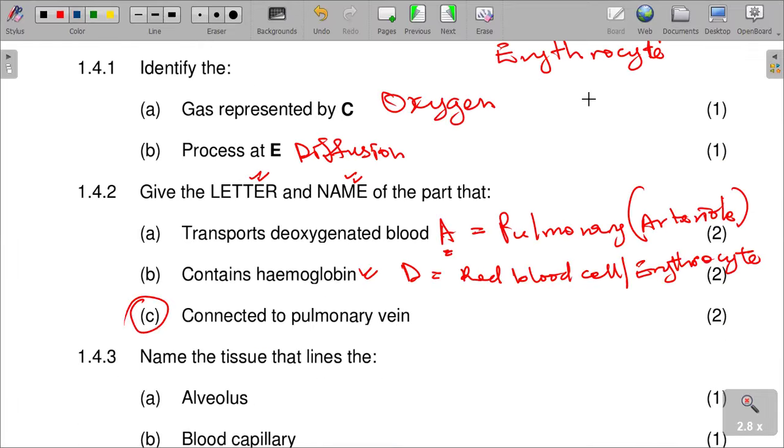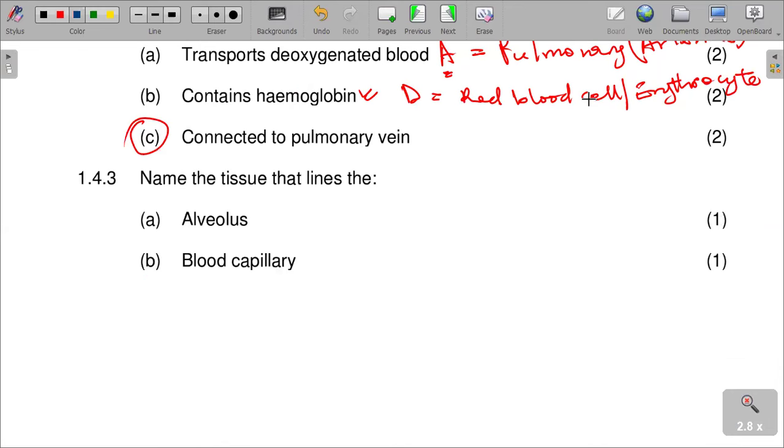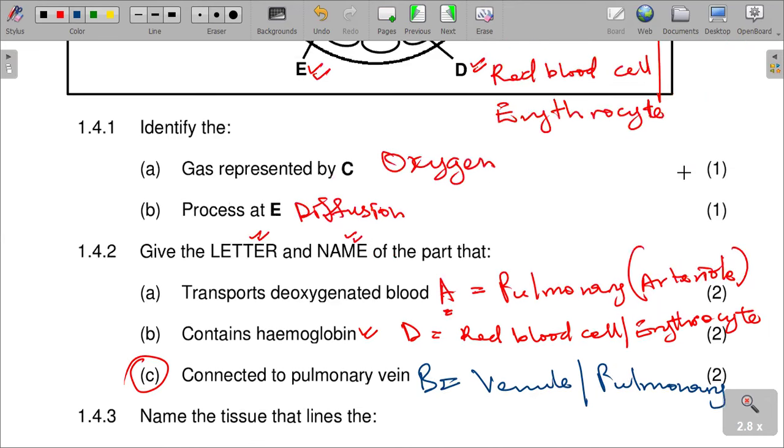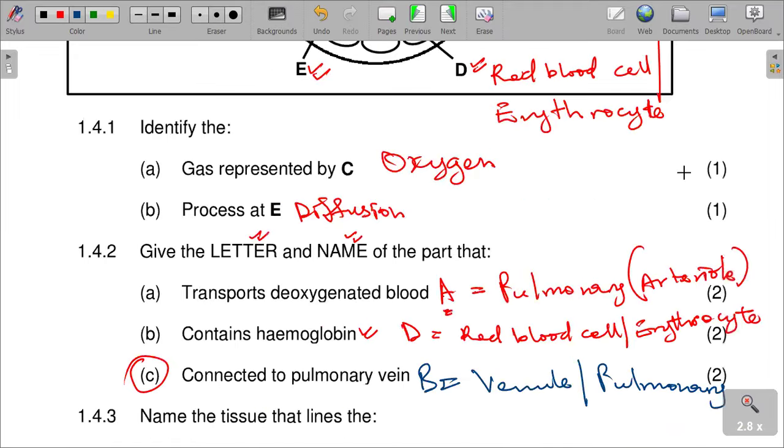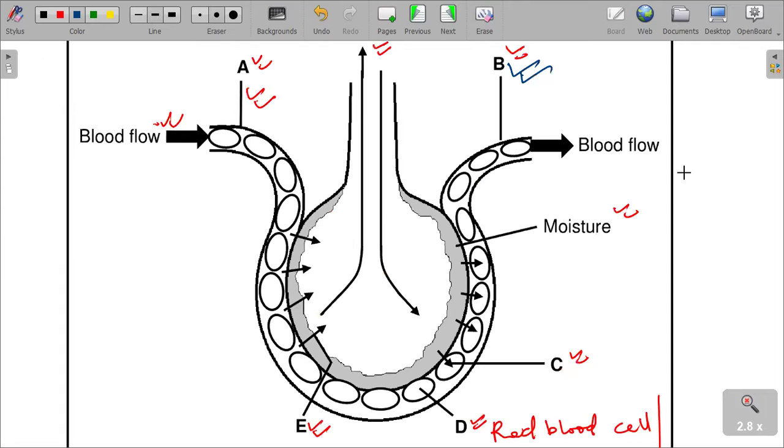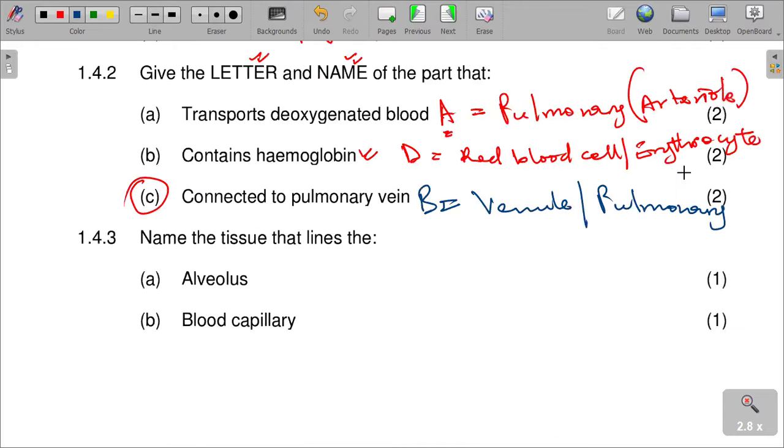On question C, it is letter B, which is the venule, or others also put it as pulmonary venule. You understand? So connected to the pulmonary vein, it is B, as you can see there.